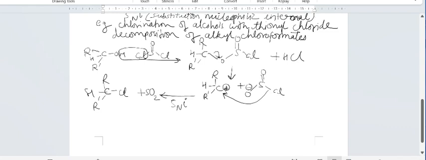There is another example of the SNi mechanism, which is the decomposition of alkyl chloroformates, ROCOCl. It gives RCl plus CO2. The mechanism is like this: ROCOCl gives a positively charged species and a negatively charged species, meaning formation of an ion pair.